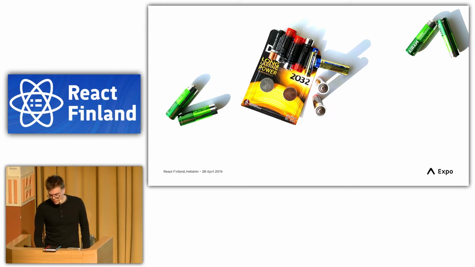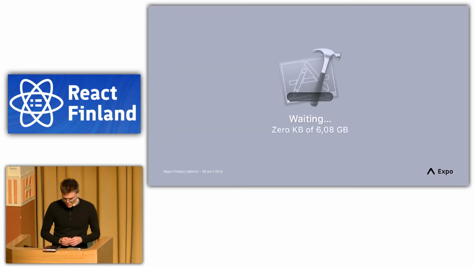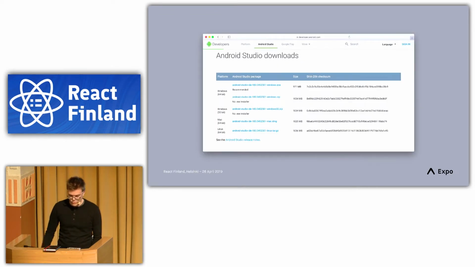Well, that's not the problem. Let me just update my Xcode first. Oh yeah, I also needed to download the Android Studio. But yeah, that's kind of solved because I already downloaded them.